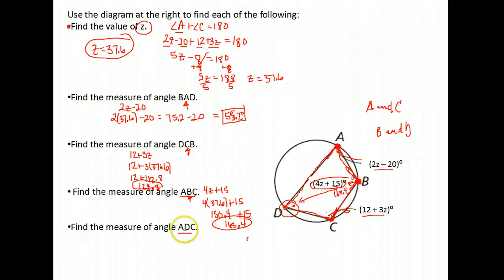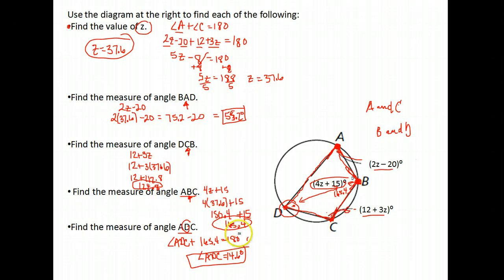So whatever angle ADC is, when I add it to 165.4, together they should be 180 because they're supplementary. I would subtract 165.4 from 180, and that leaves only 14.6 degrees for that angle.